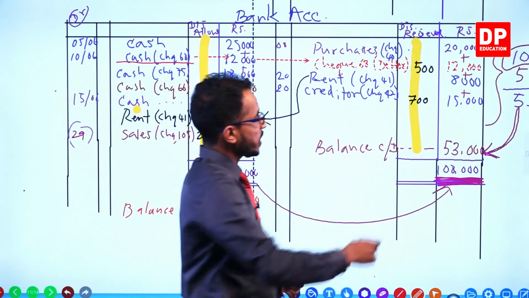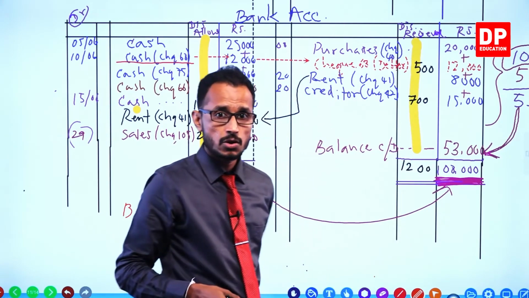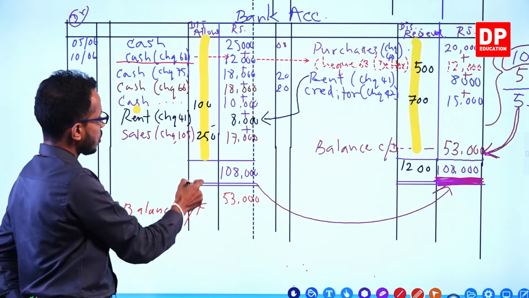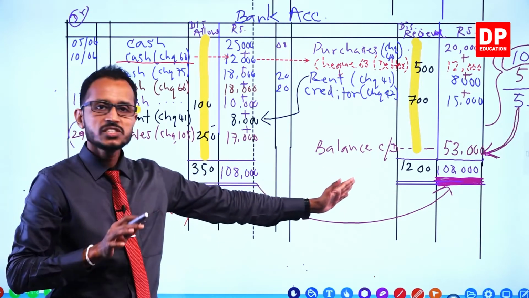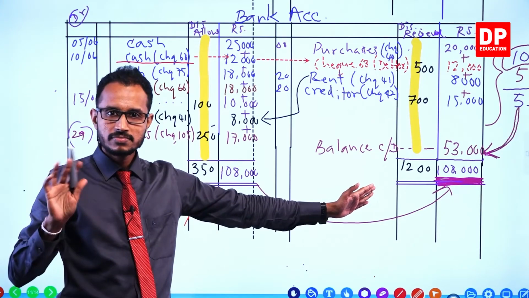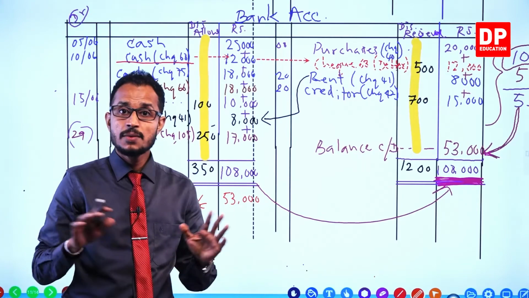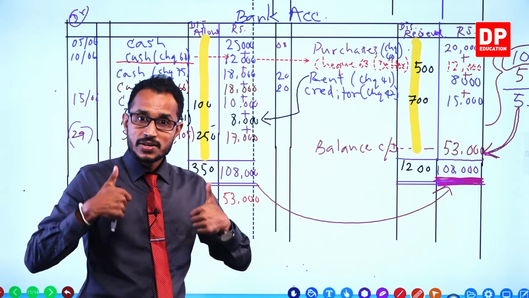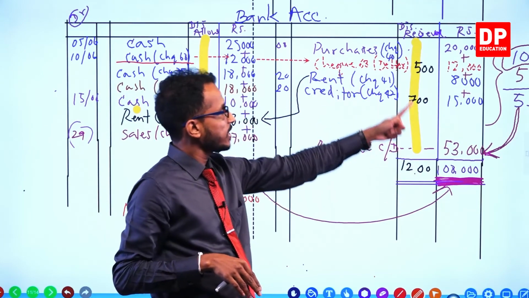What you do is take the total, just mention the total in the discount column. Debit side also, mention the total and let it be. You don't balance the discount columns. Just put the total in each column.